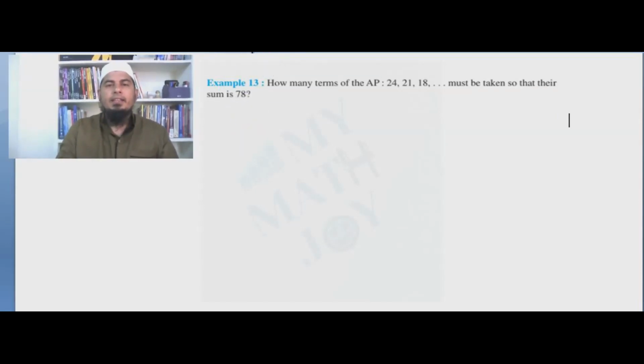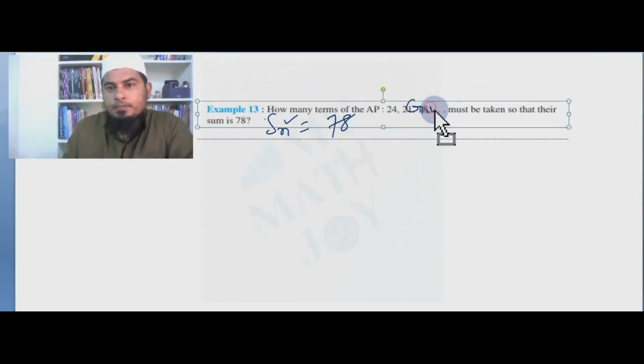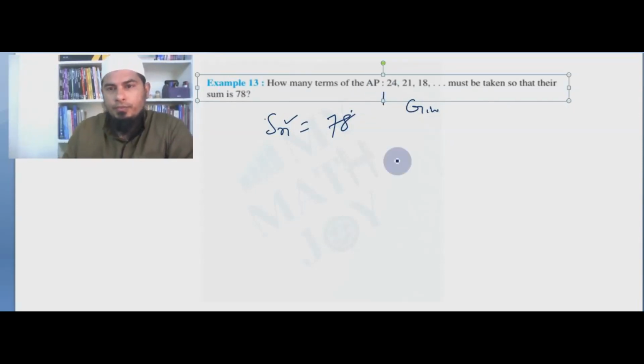Let us write. We got the Sn value 78, and n, we don't know. And the given AP is 24, 21, 18 and so on.